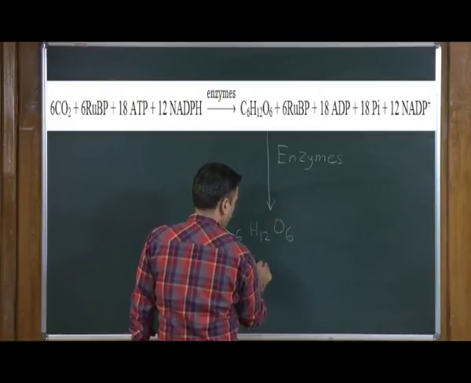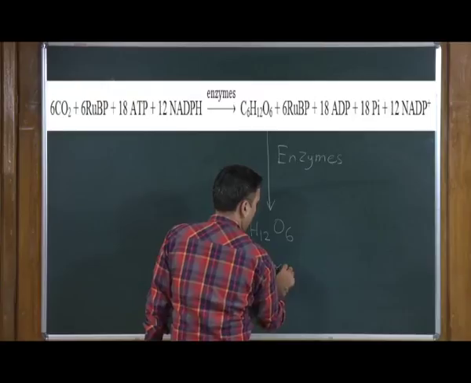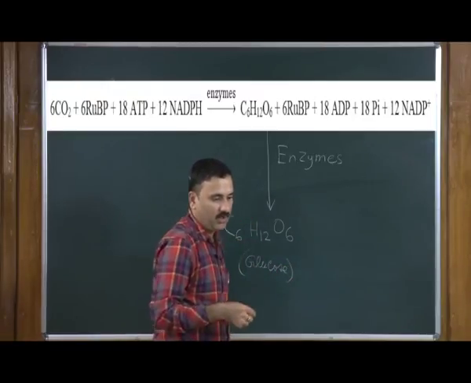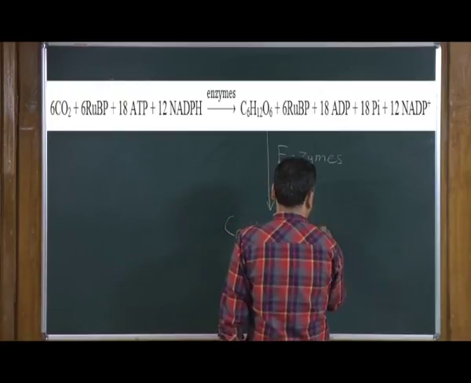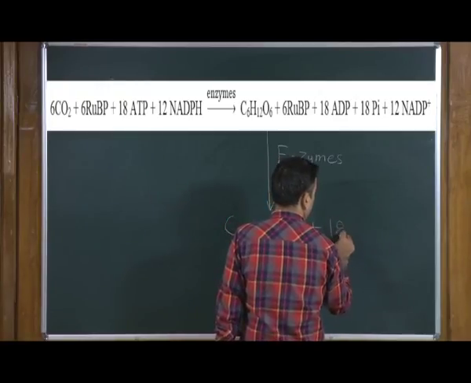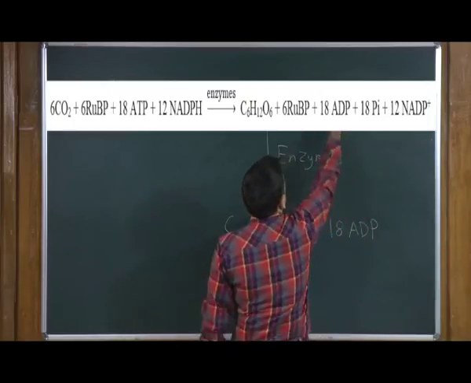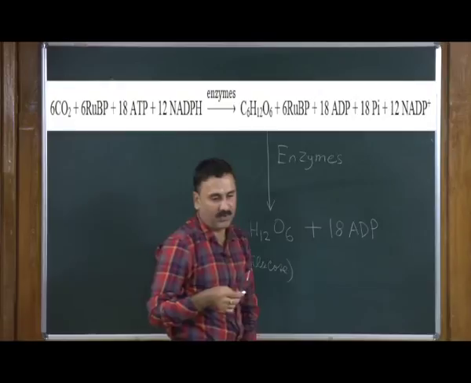So, this is the glucose, which is the sugar you are going to generate. You are also going to generate 18 molecules of ADP, which come from the ATP.